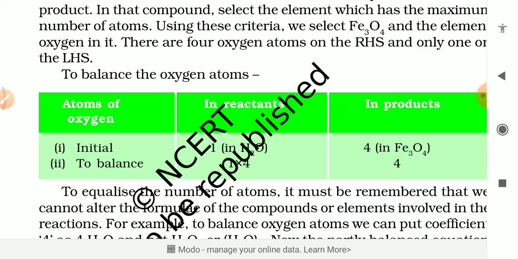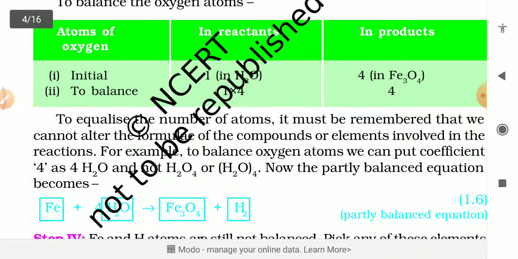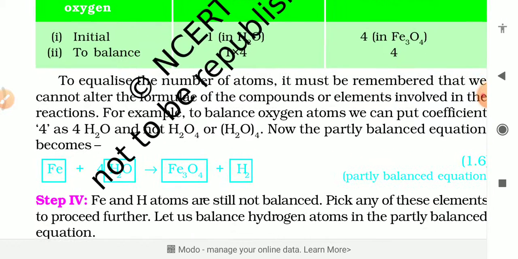In the products, oxygen has 4. Now students, on the right hand side oxygen has 4, and on the left hand side oxygen has only 1 atom. Now what will we do? We can put the coefficient 4.